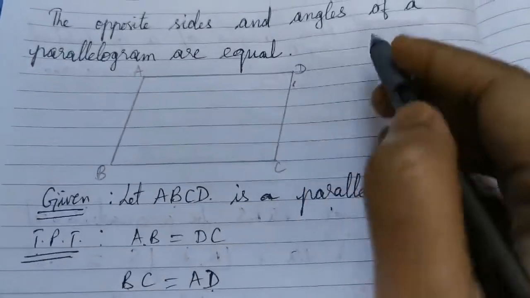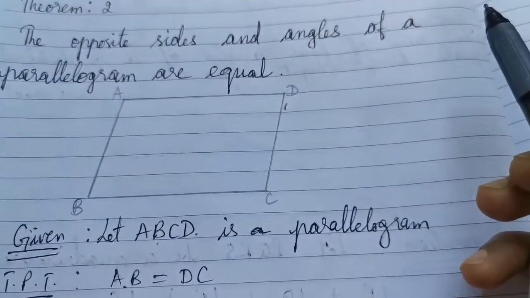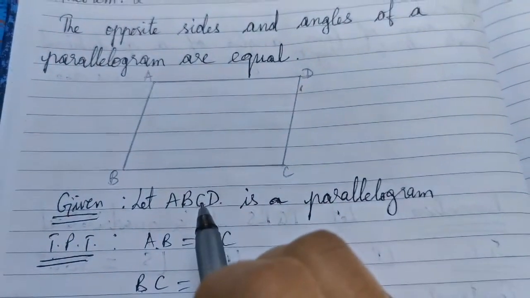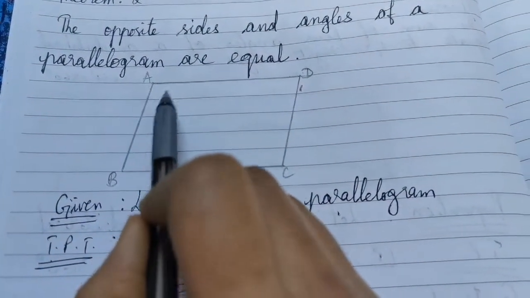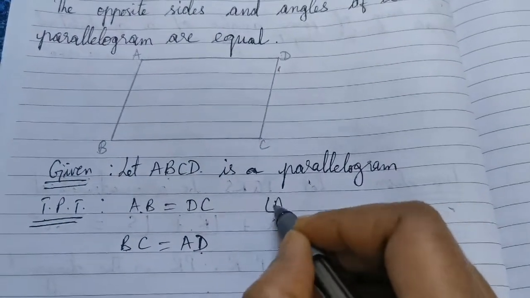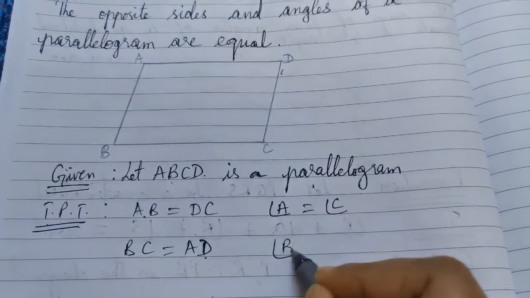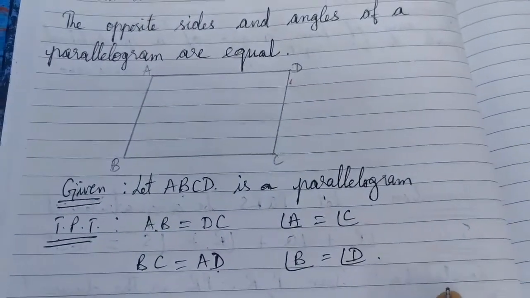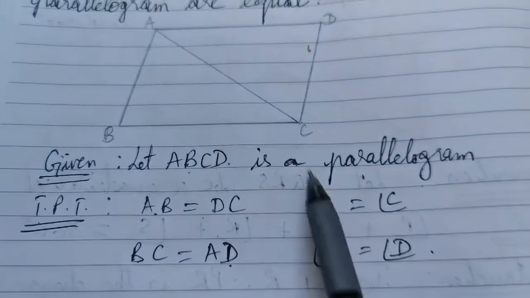And another thing which we have to prove is the opposite angles of a parallelogram are also equal. So again we have two pairs of opposite angles. Now if I take the vertex A, at vertex A I have an angle A. It is opposite to angle C. So we have to prove angle A is equal to angle C and angle B is equal to angle D. For this purpose, I make a construction.